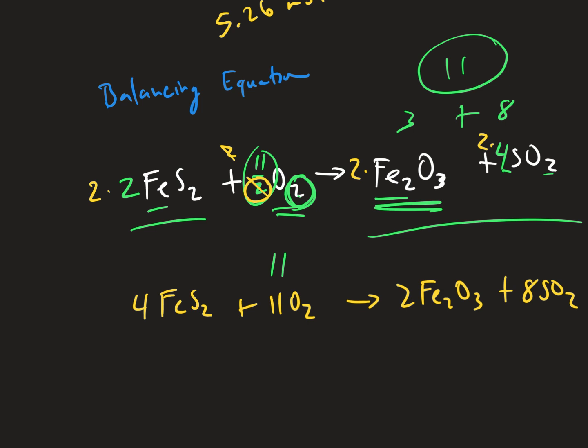Would it be possible to do it by least common denominator? Yeah, probably. But I wouldn't want to do that, because then you'd be going back and forth, back and forth. You're like, oh, I change it here, and then it changes over there. You see what I mean?